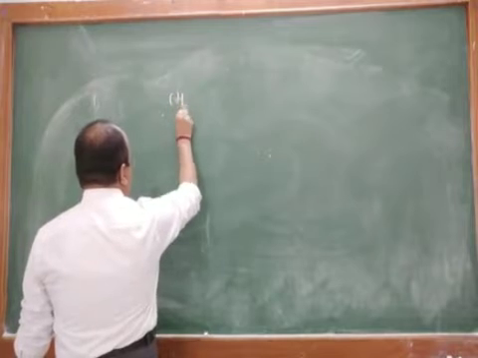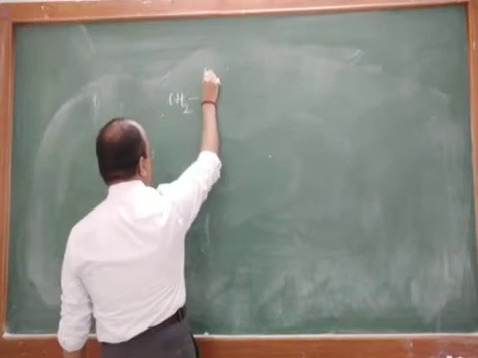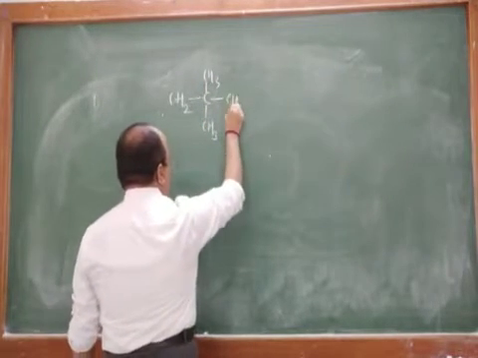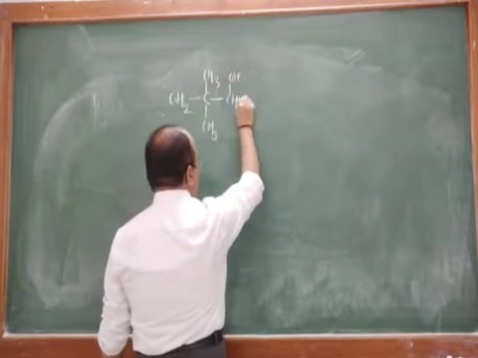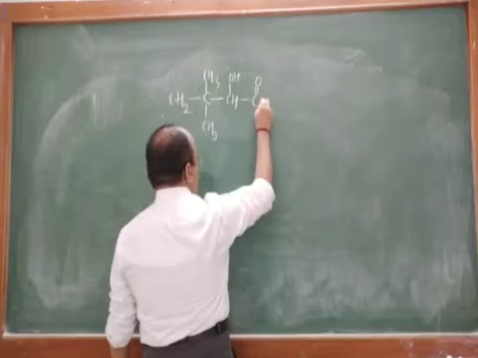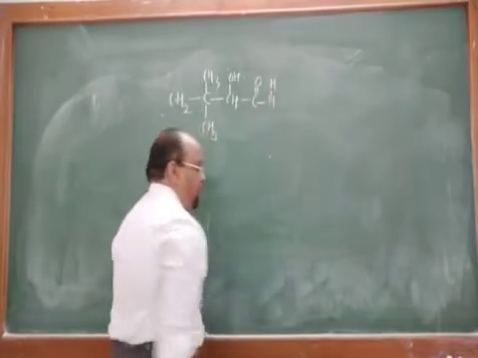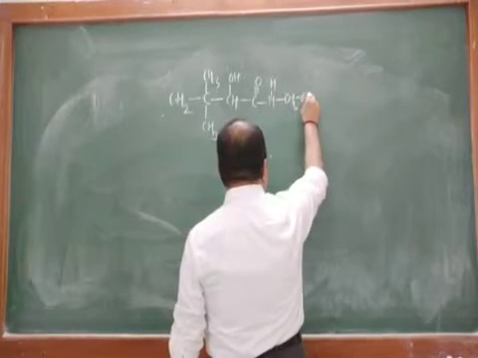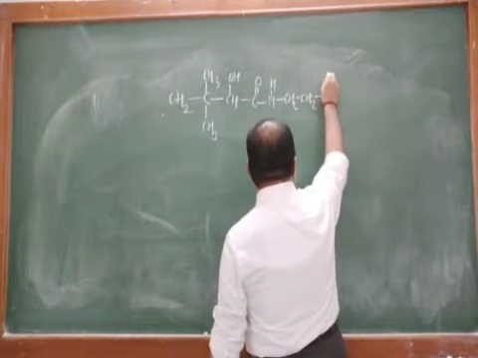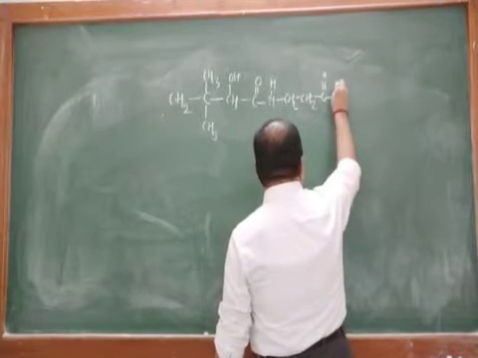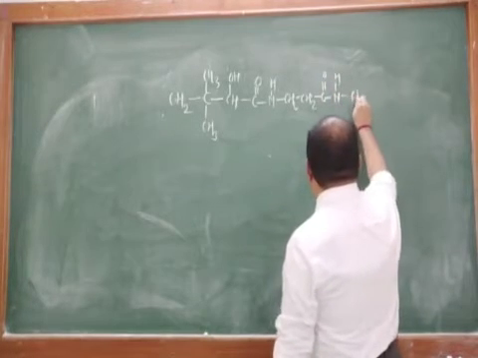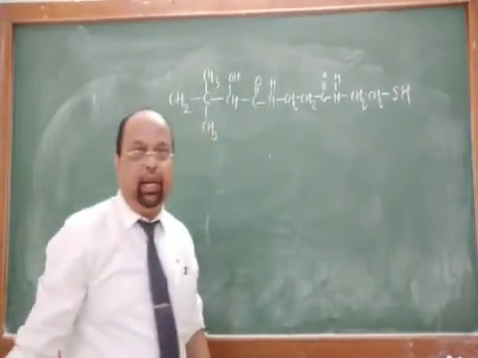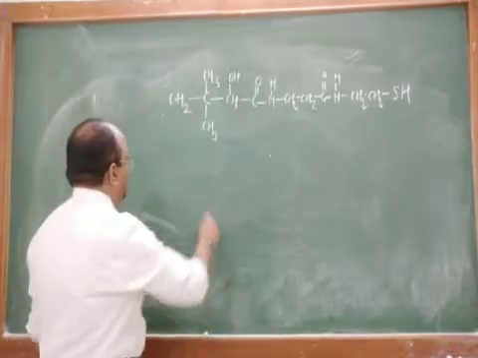This is CH2, C, methyl group CH3, CH, OH, C double bond O, NH, then CH2, again C double bond O, means a peptide bond. There is a CH2, and finally the sulfhydryl group SH.